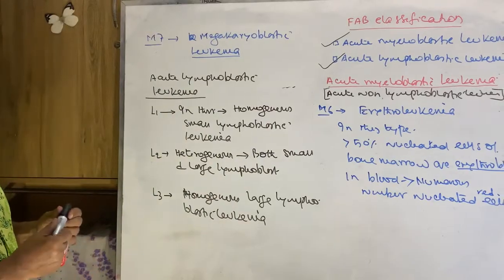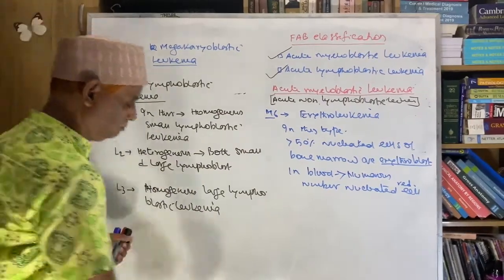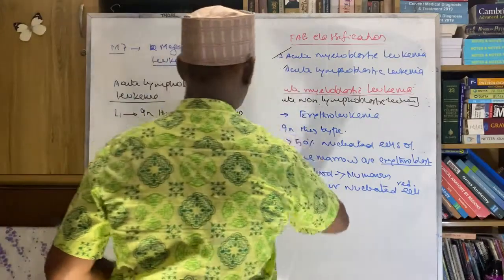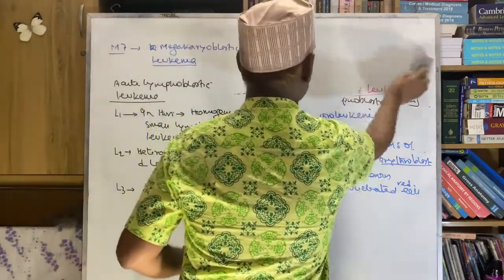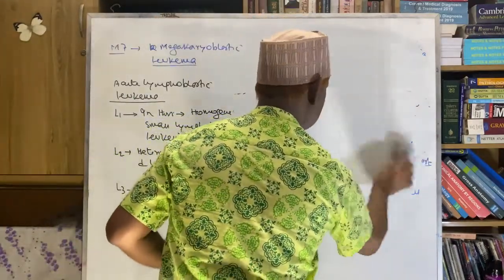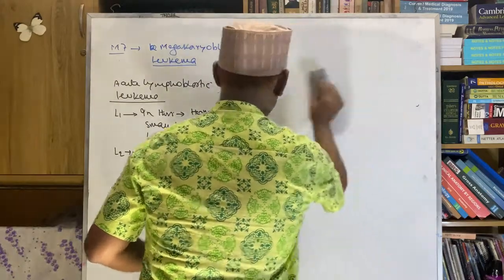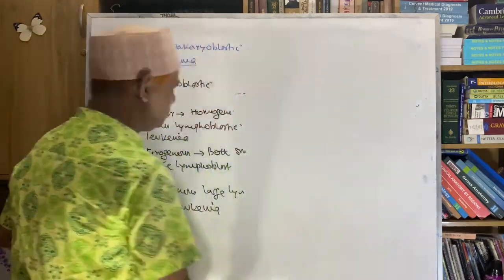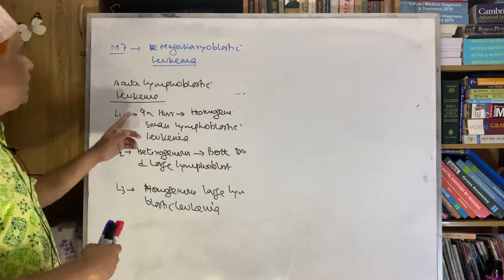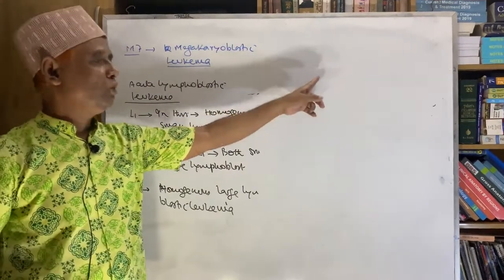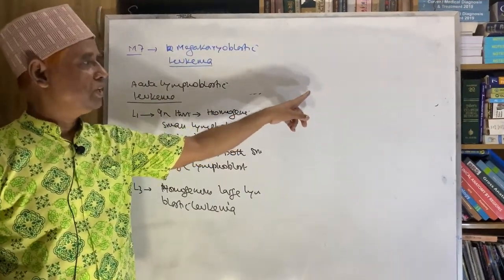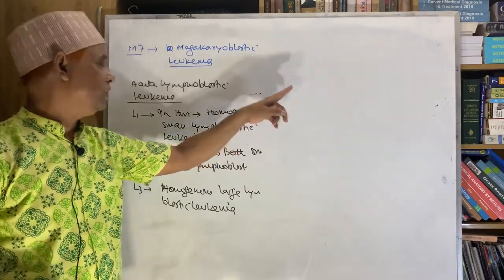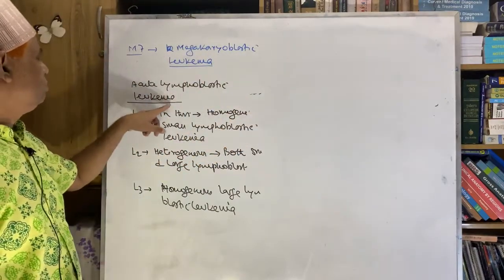So this is all about the FAB classification. Now come to what are the differences between acute myeloblastic leukemia and acute lymphoblastic leukemia. I have told you here in FAB classification, acute myeloblastic leukemia, and we can say it acute non-lymphoblastic leukemia. Another is acute lymphoblastic leukemia.